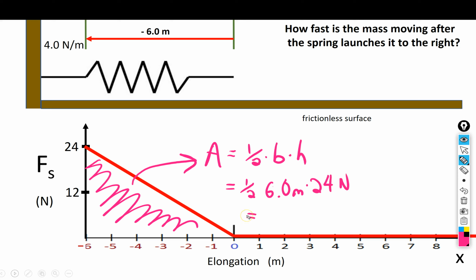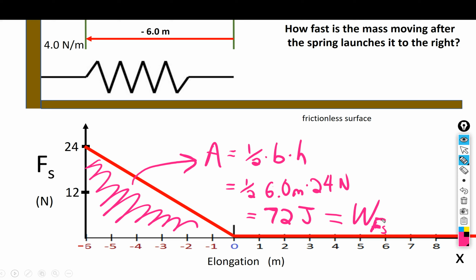So the work done would equal 1/2 times 6, which is 3, times 24, 72 newton meters, or 72 joules. So that's how much work the spring force does on that 2-kilogram object.